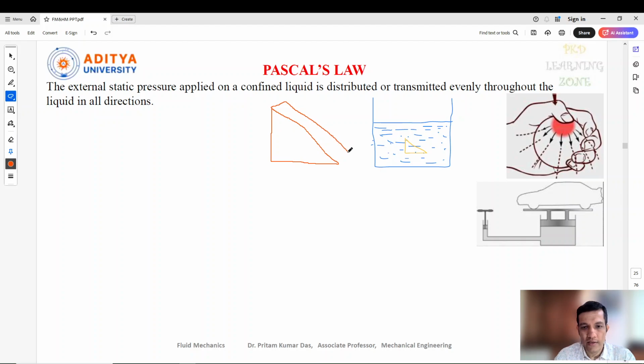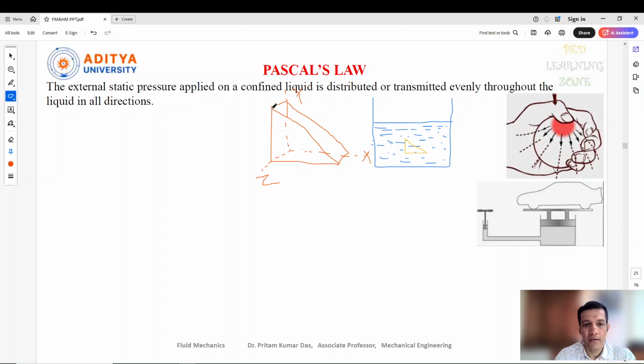This thickness, let's consider it a unit thickness. Let me tell you how to represent this. This is the x direction, this is the y direction, and this is the z direction.